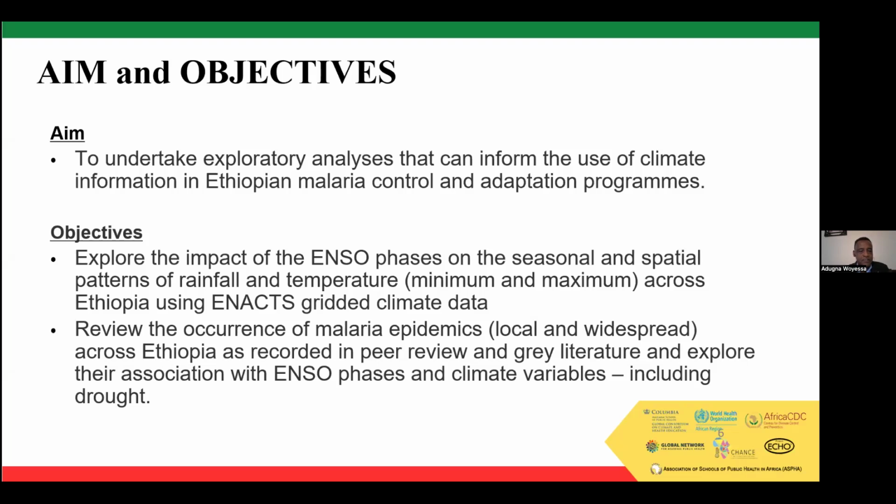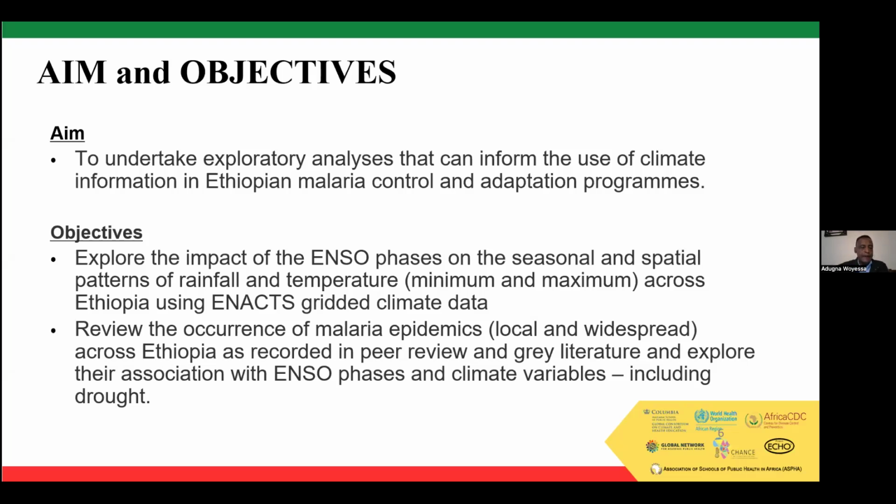The first objective was to see the impact of ENSO phases on the seasonal and spatial patterns of rainfall and temperature, that means minimum and maximum temperature across Ethiopia, using ENACTS, the Enhanced National Climate Services gridded climate data. As I mentioned, the Climate and Health Working Group, a team of researchers and program practitioners, worked together to have quality climate data.